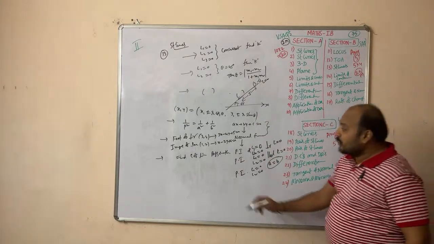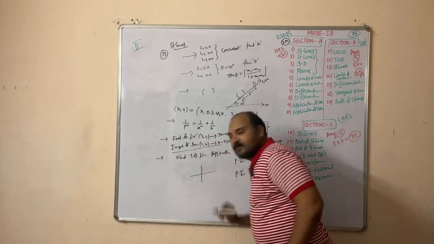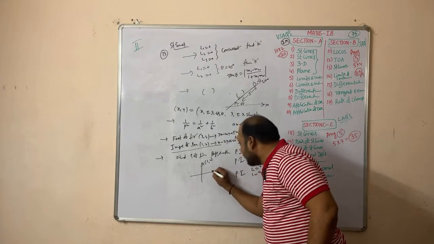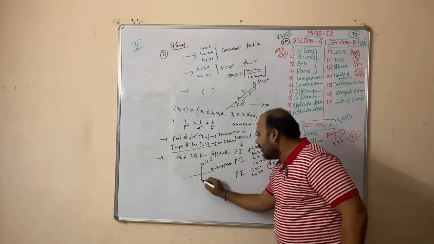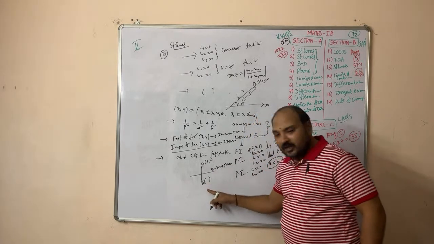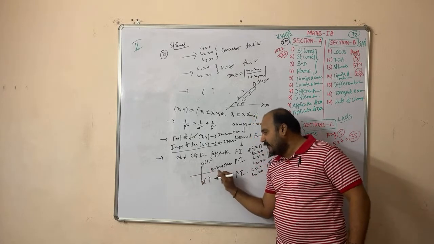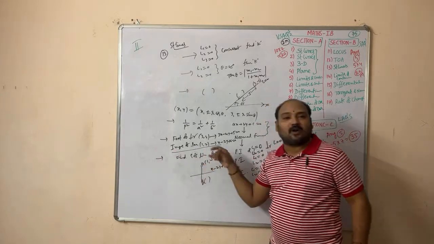Okay. Image problems they will also give indirectly. How they will ask: a point they will give, (1, 2). This line is given, that means x minus 2y plus 5 equal to 0. Find the coordinates of the point B, if the perpendicular bisector is x minus 2y plus 5 equal to 0. This way they will ask the image formula indirectly.